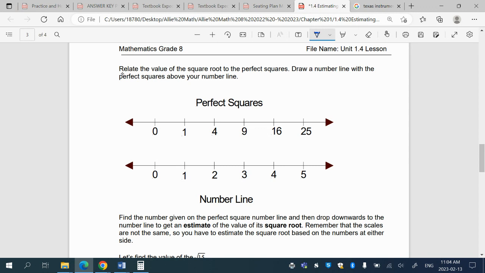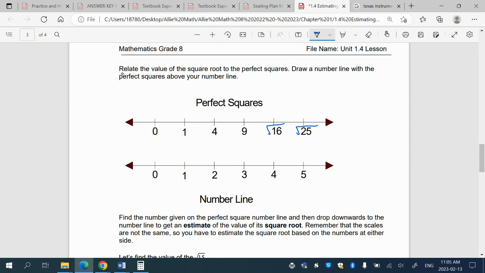Remember, a perfect square is a whole number times itself. So this is 5 times 5, this is 4 times 4, this is 3 times 3, this is 2 times 2, this is 1 times 1. Each of these corresponds to a number. So this is saying that the square root of 25 is literally the same as 5.